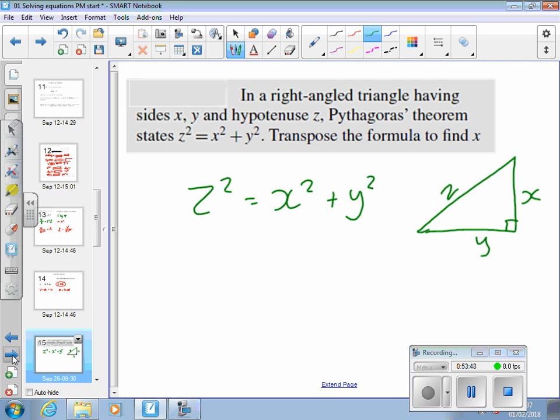That's the problem: transpose the formula to find x. Minus y squared, so we've got z squared minus y squared is equal to x squared.